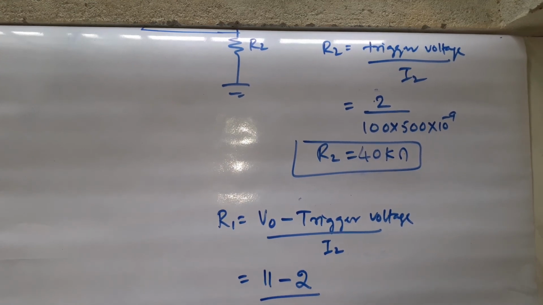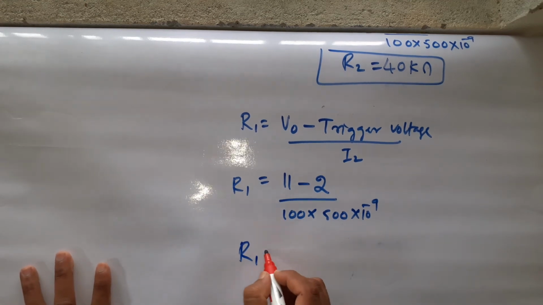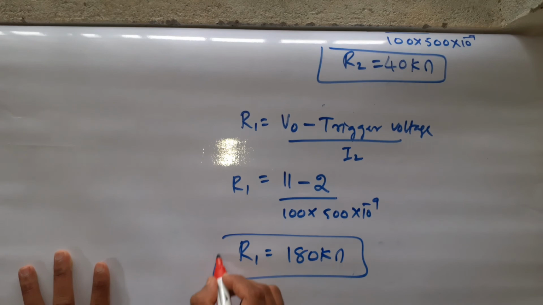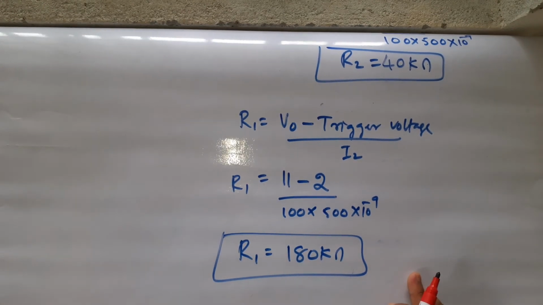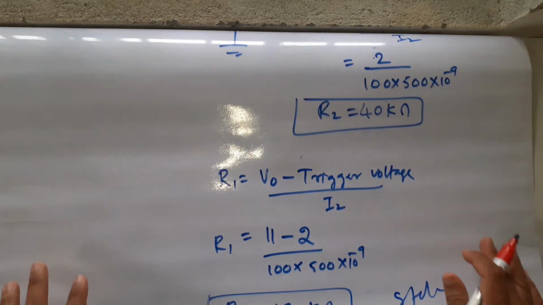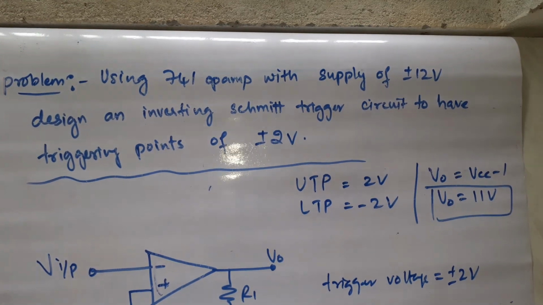I2 is once again the same, 100 into 500 nano amps times IB max. This is your R1. So this will give you R1 equal to 180 kilo ohm. 180 kilo ohm, right? Standard value. This is how you need to solve this. Thank you.